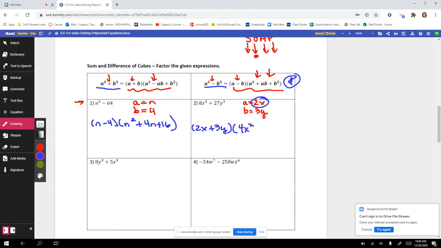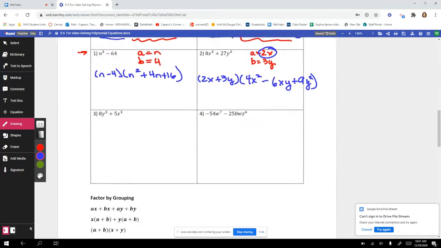The mistake people sometimes make is squaring the x and not the number. So that's 4x squared. Now here comes my minus, and I multiply the two of those together, so I get 6xy, and then always positive. And then my last term, 3y squared, is 9y squared. I forgot the square there. So there is the factor of that.